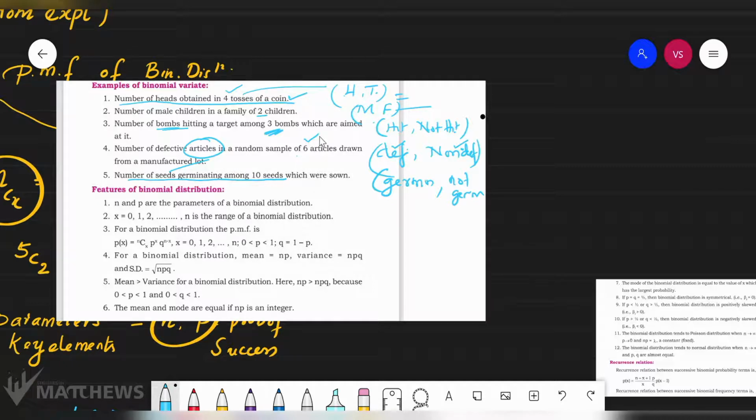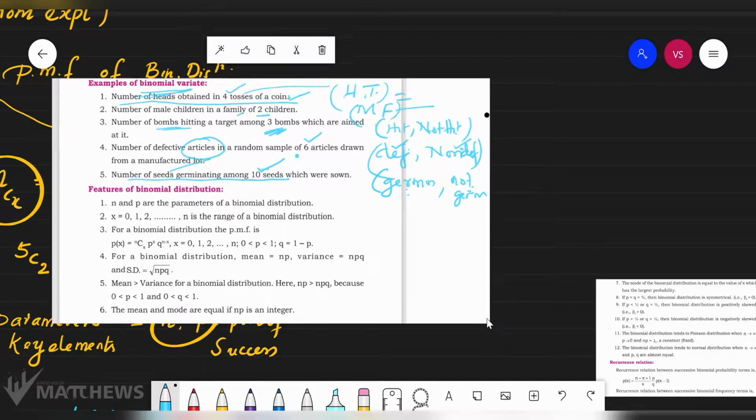Either of the two outcomes is possible. Like that, if you do it 10 times, a finite number of times, these are all random experiments. Success or failure experiments, done many times, they all come under what, students? Binomial distribution, binomial variate. So this is what you need to understand.